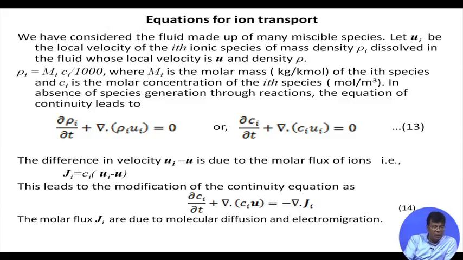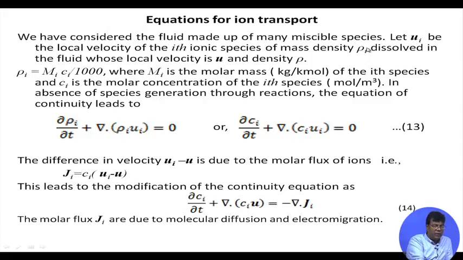Now, we are talking about a multi-component fluid. So, let an ionic species have a velocity, say u i, and mass density rho i, dissolved in a fluid medium whose local velocity is u and density is rho.